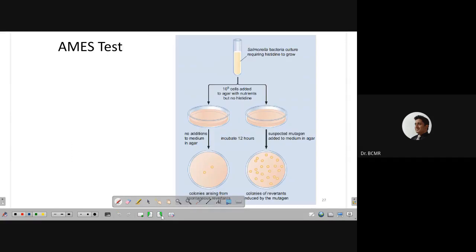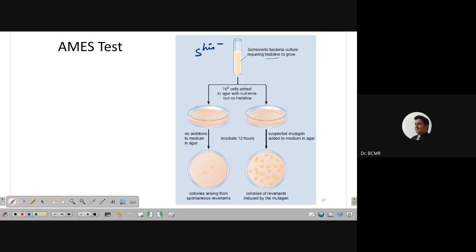Okay. Let's get to Ames test. Ames test, I told you the objective of it, is to estimate the mutagenicity of a given compound. So we take Salmonella bacterium, which requires histidine, so it is his minus. You actually have to write the Salmonella strain name in full, but for ease, I'm writing it like that.